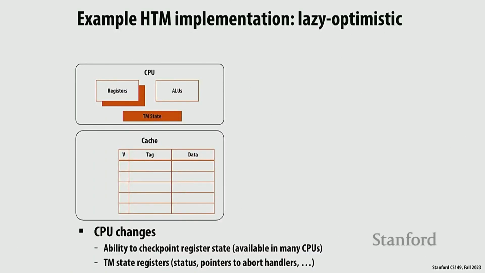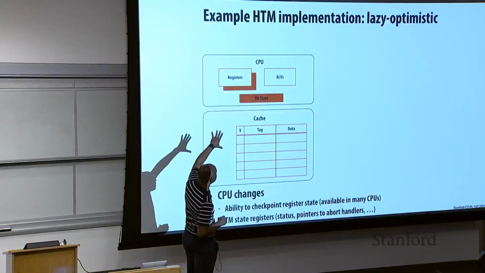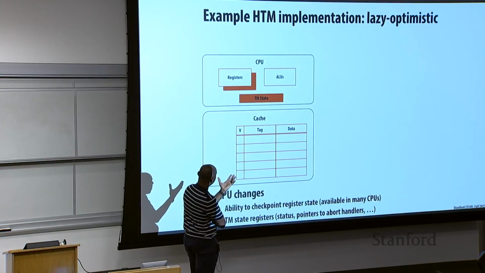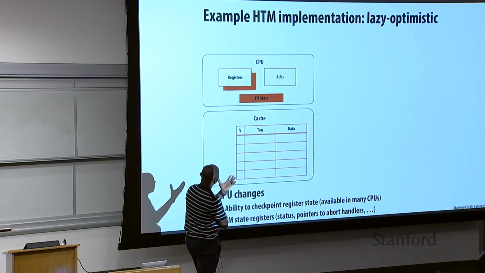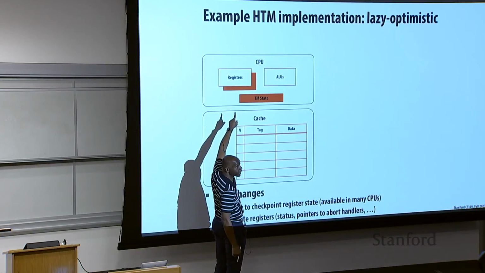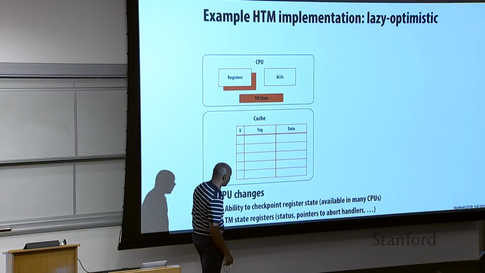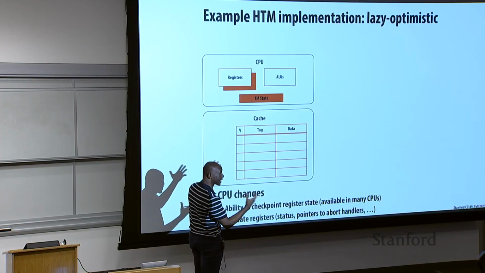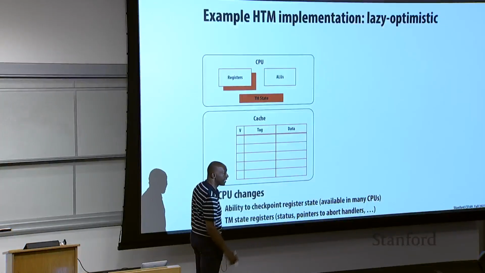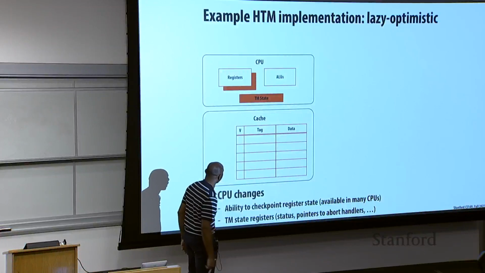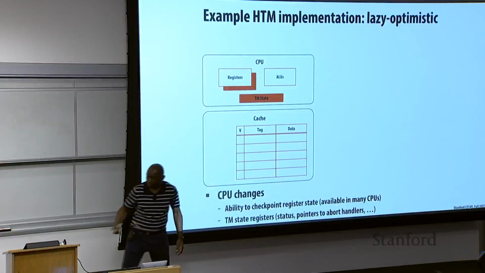So we have in our CPU the registers, and the red state indicates the extra state that we need to implement transactional memory. We've got a register checkpoint that we need to take, and then we have some extra state associated with abort handlers. Where exactly do you go in the program to deal with aborts, if there's any software cleanup that needs to be done?